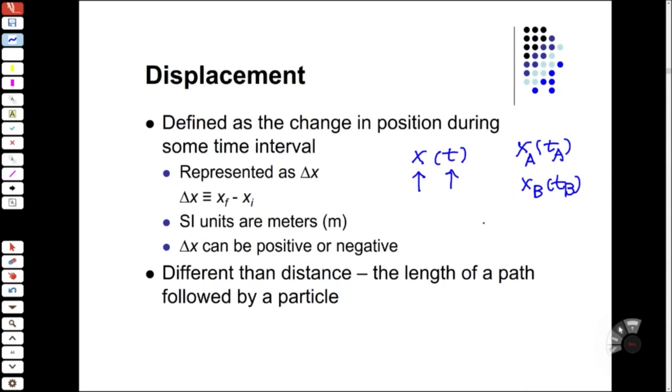Now from this you can define a very important quantity called displacement, the difference between the initial position and final position. So delta x, which is called displacement, is defined as the final position minus the initial position.